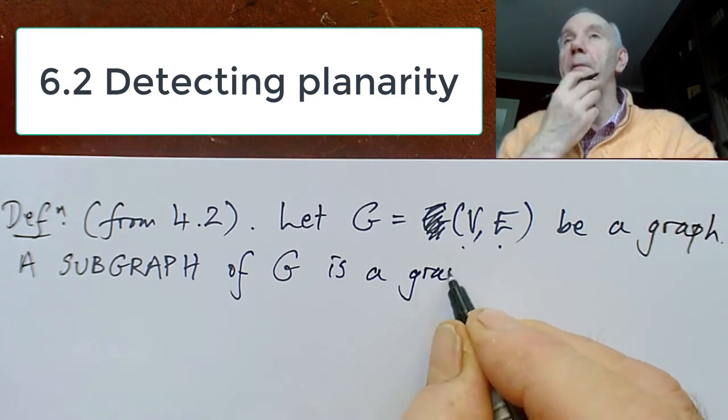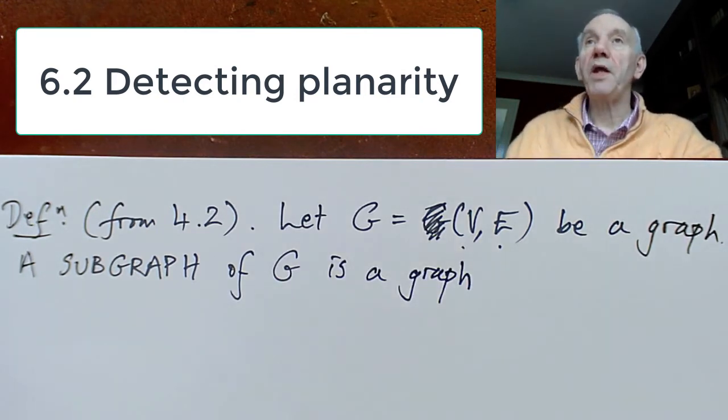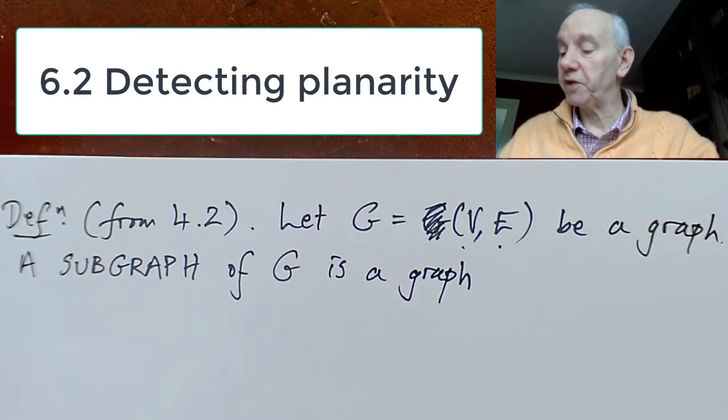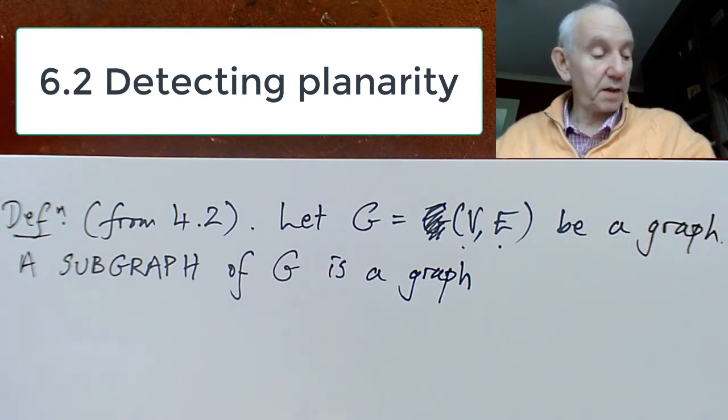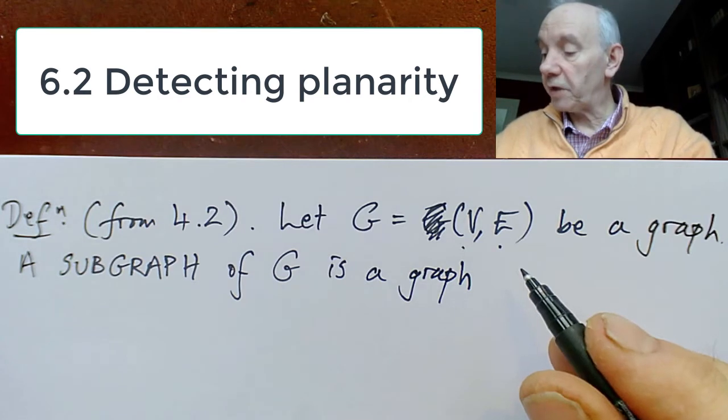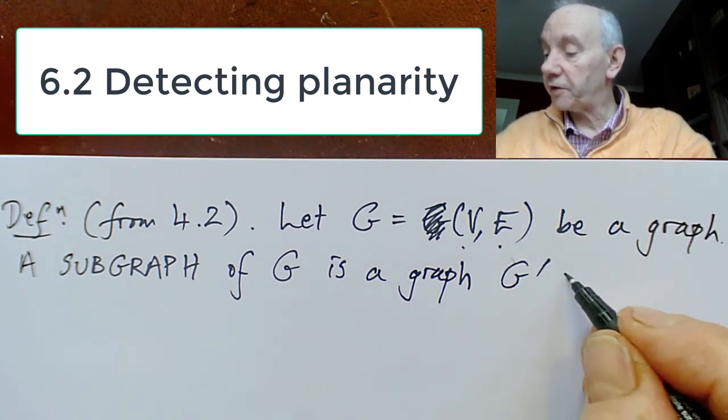So in particular, that means that any edge has to go between two vertices. So let's call it G primed. It will have its own vertex set and edge set.